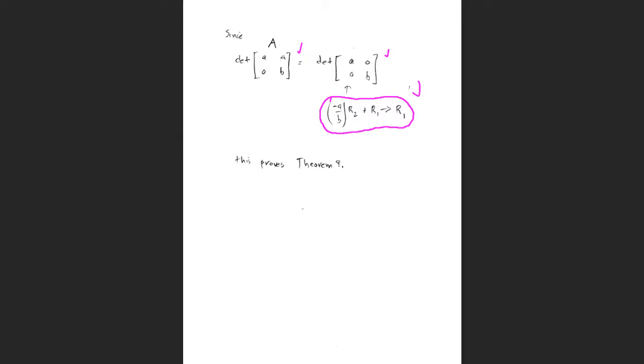Does this particular row operation change the value of the determinant? It doesn't. So the determinant of that matrix A equals this determinant, and we already established that equals A times B.